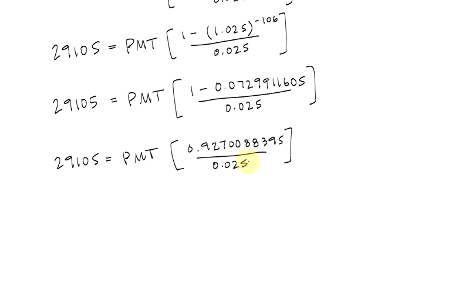Now we'll divide. When I divide this in my calculator, I get 37.08035358.